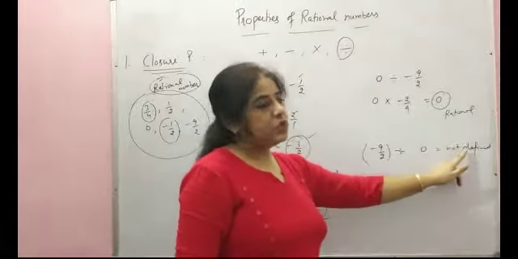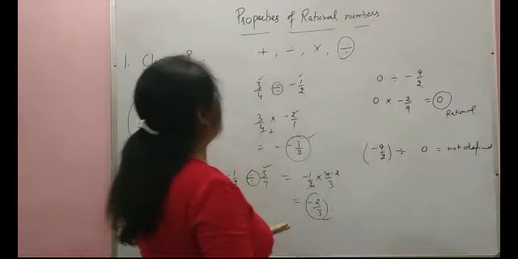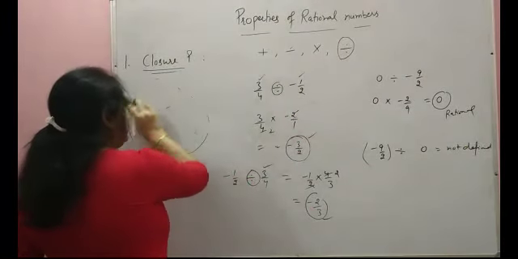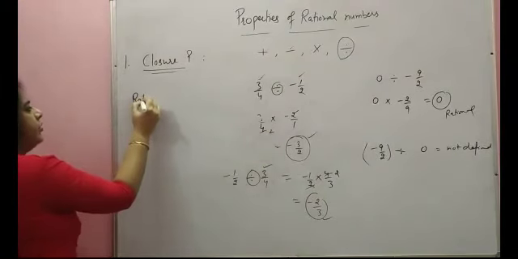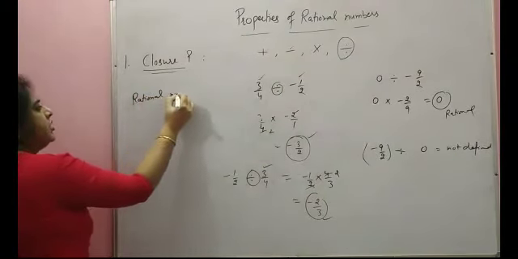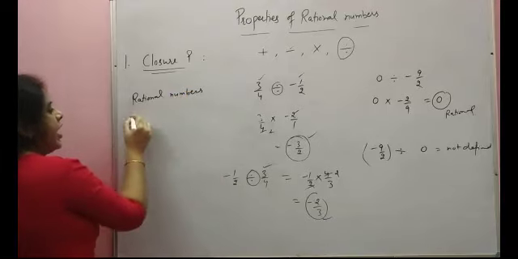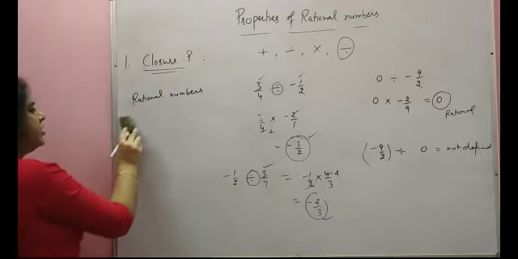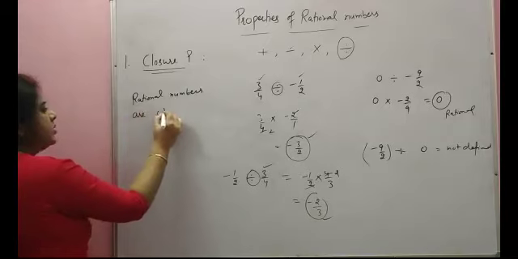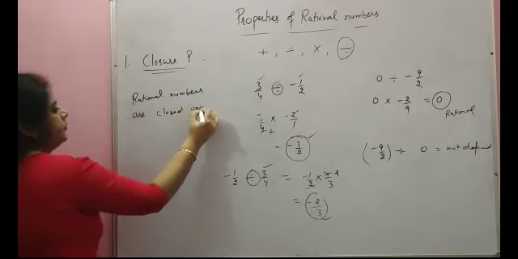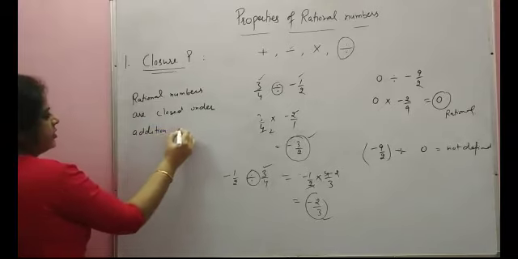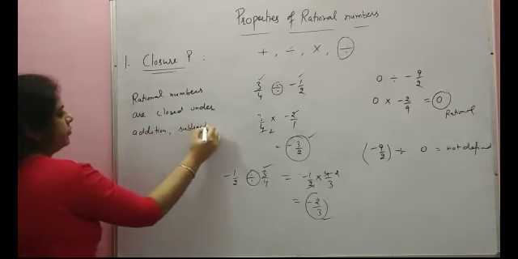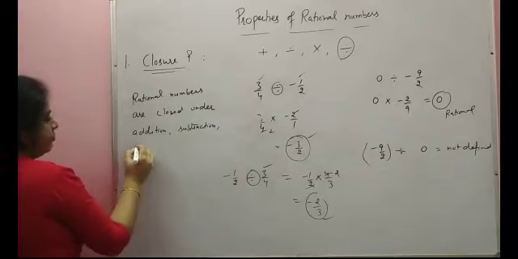So what we are getting here, generally we are getting the result that rational numbers are closed under addition, subtraction, multiplication.